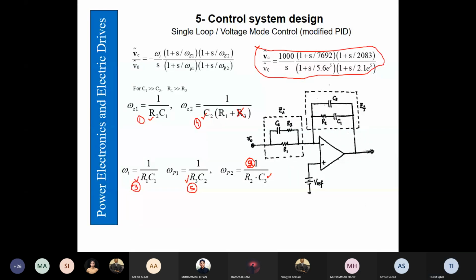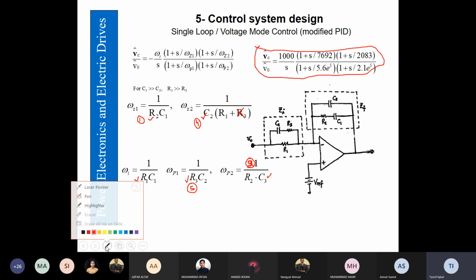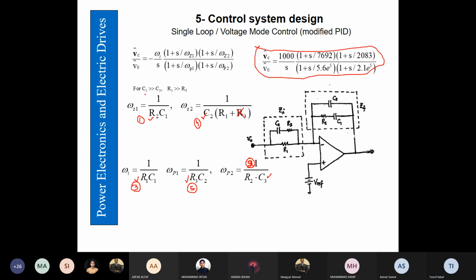What we have done is decide to select the values of capacitors C1 and C3 such that C1 is large enough compared to C3, and R1 is large enough compared to R3.